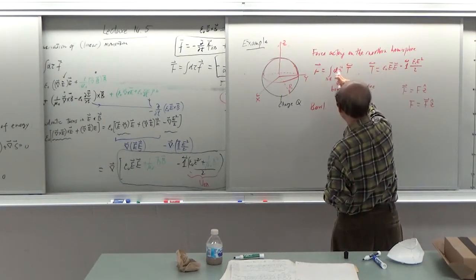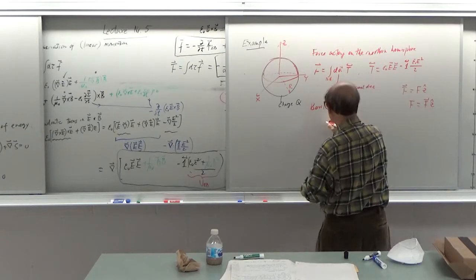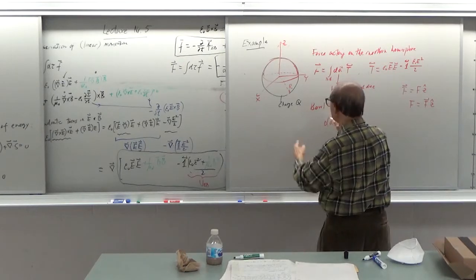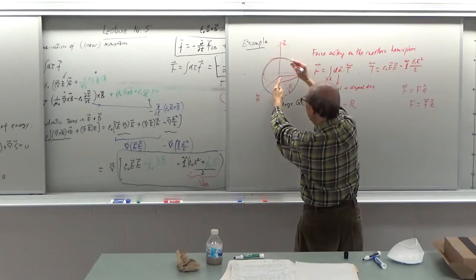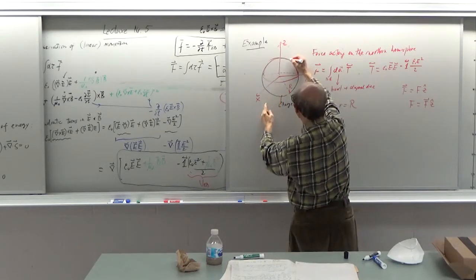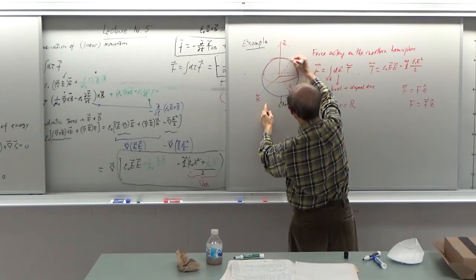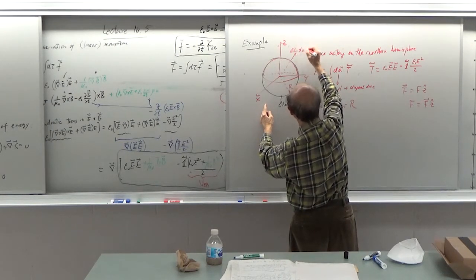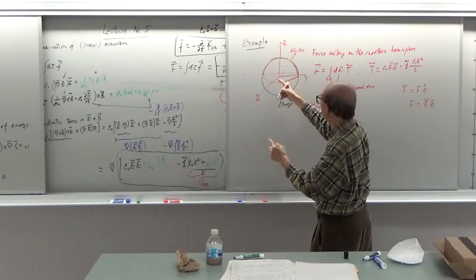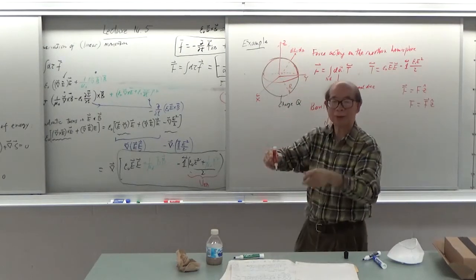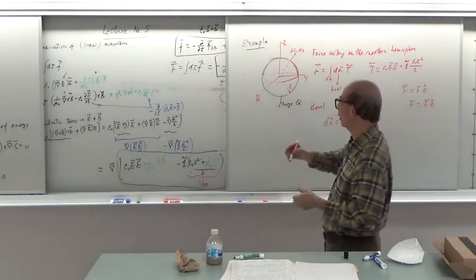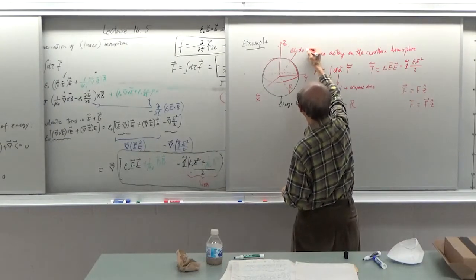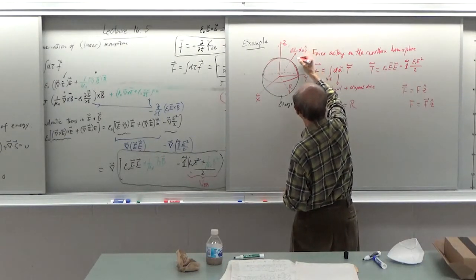All right? Let's see. For the ball, dA on this ball is given by dA, which is big R squared times sine theta d theta d phi, in the radial direction.